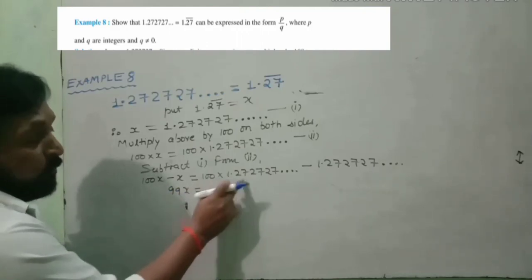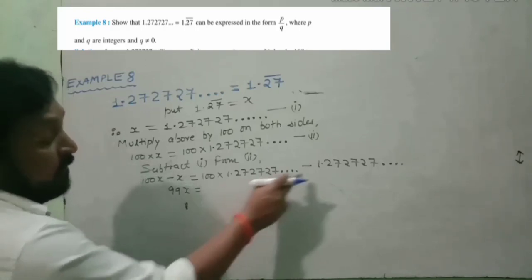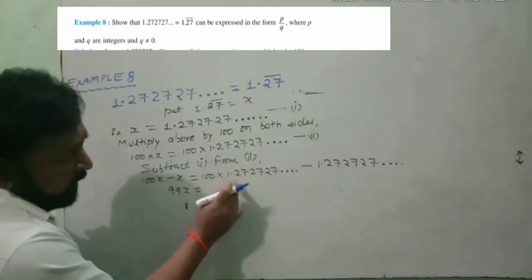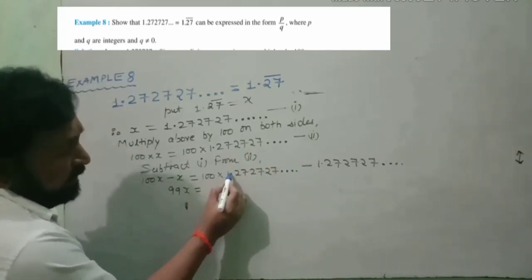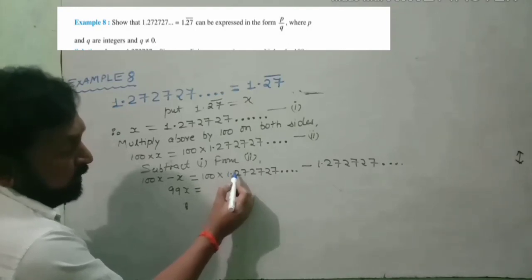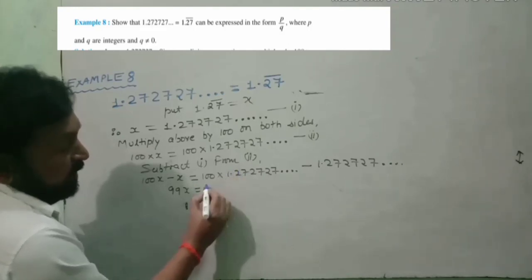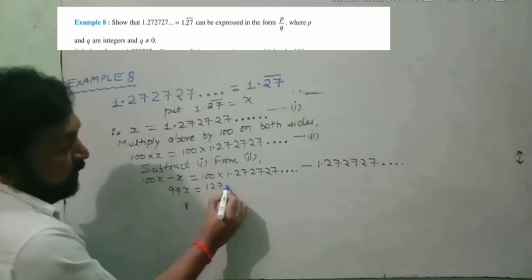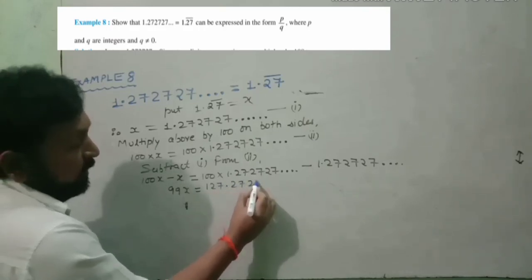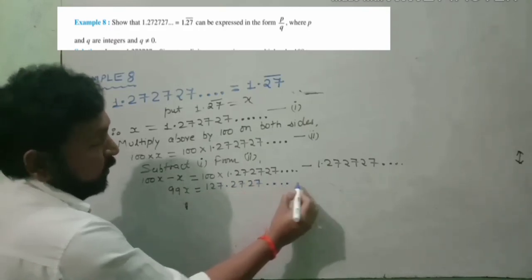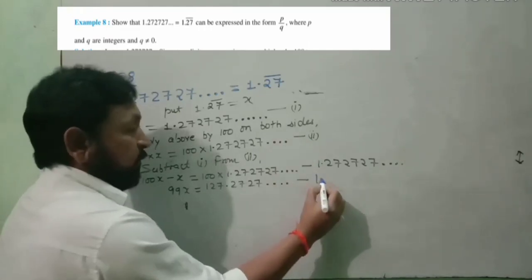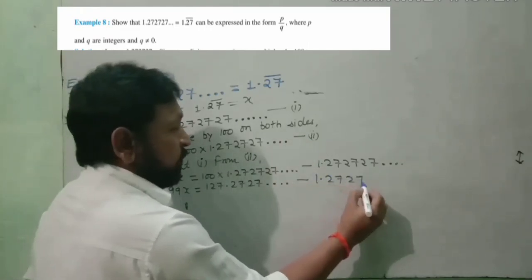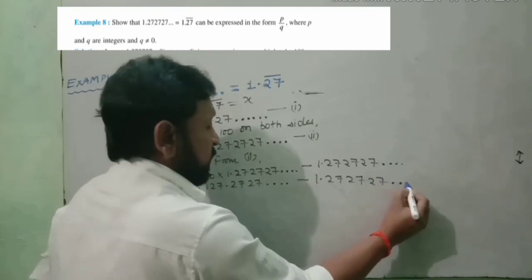Here first of all we have to multiply and then subtract. When I multiply this thing by 100, the decimal will go two places forward. It will come after this 7. It means 127.2727 dot minus 1.272727 dot.